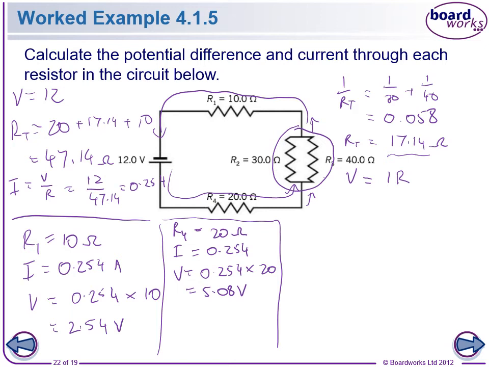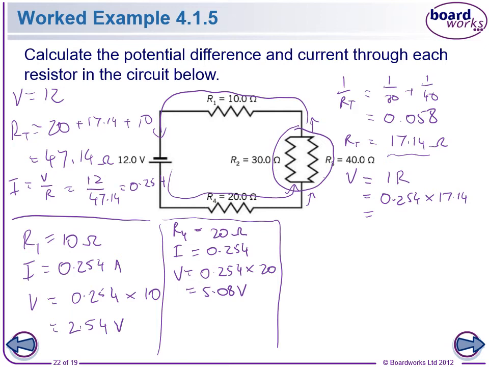Okay, so if we had replaced the 30 and the 40 ohm resistors with just a single 17.14 ohm resistor, then we can just work this out the same as we would with a normal series circuit. So V equals IR, 0.254 multiplied by 17.14. And this is the voltage drop just in the circle that I've drawn.